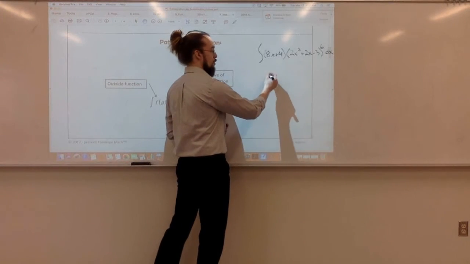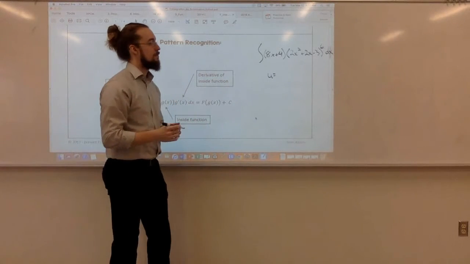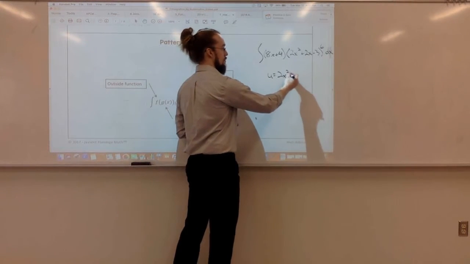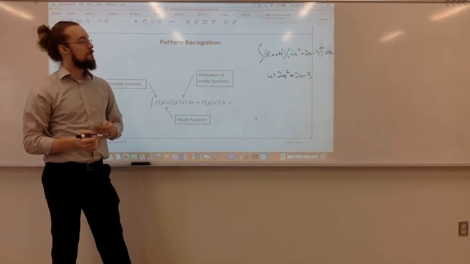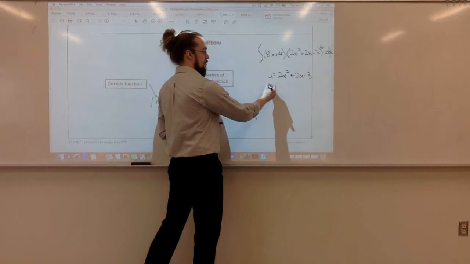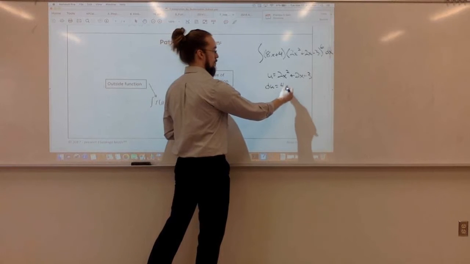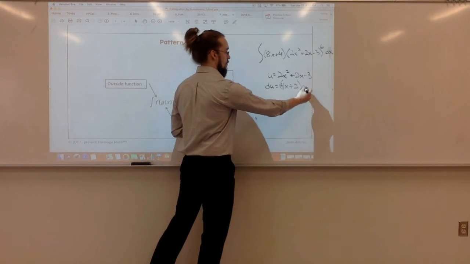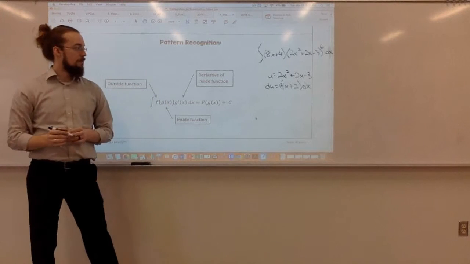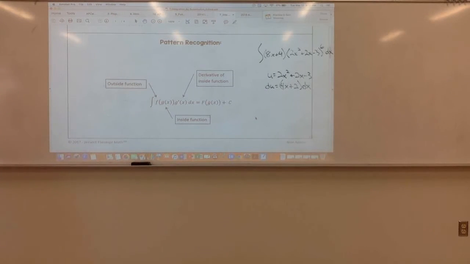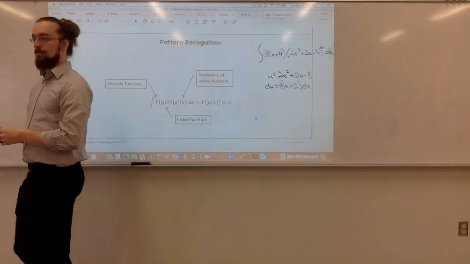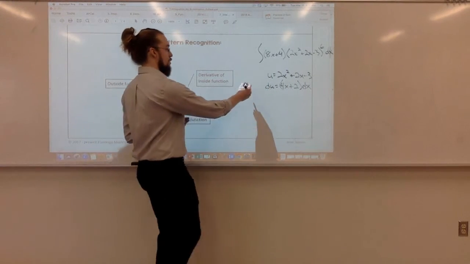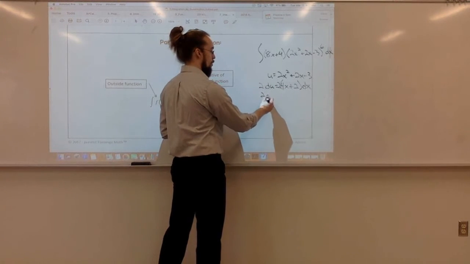So my u is 2x squared plus 2x minus 3. Right. So I get my du to be 4x plus 2, but I want it to be 8x plus 4. So I would have to multiply by 2. So I would get 2 du equals what I want.